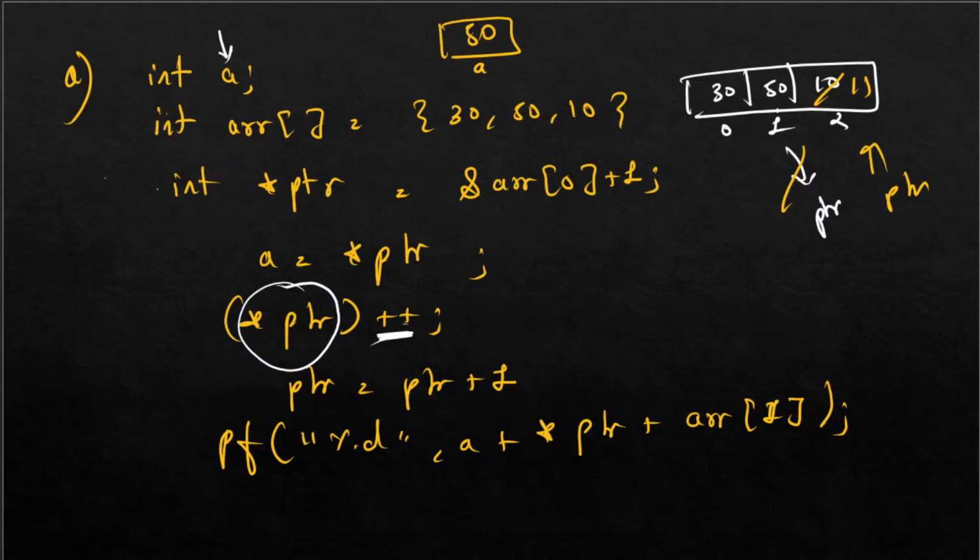So it will go inside of PTR where it is pointing, and it will do plus plus. So I guess it will be 51. Okay. Because here is PTR, and after that it will move to here. And when PTR equals to PTR plus 1, the address will be updated. Okay. It will be here.